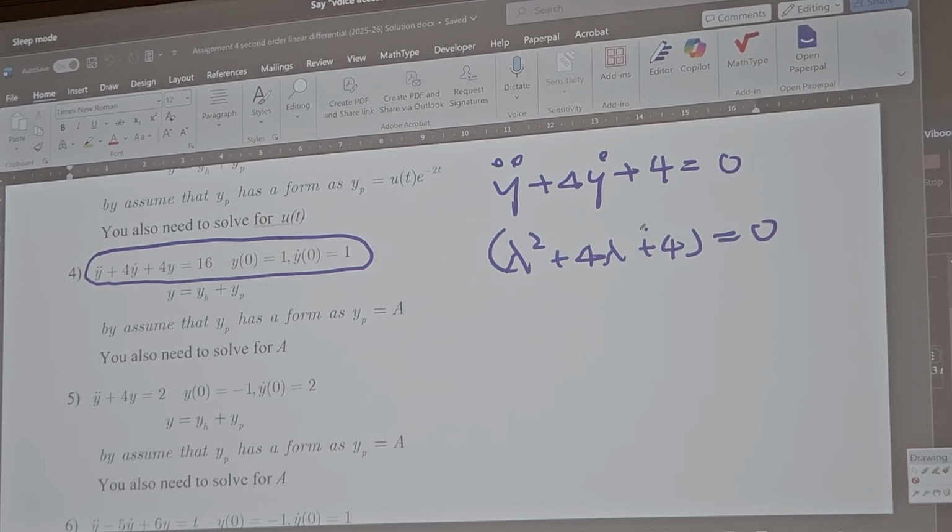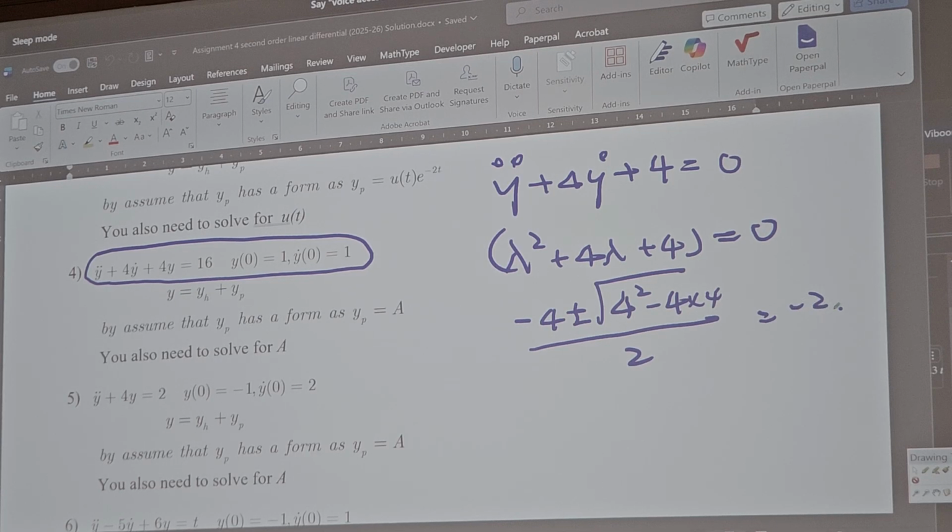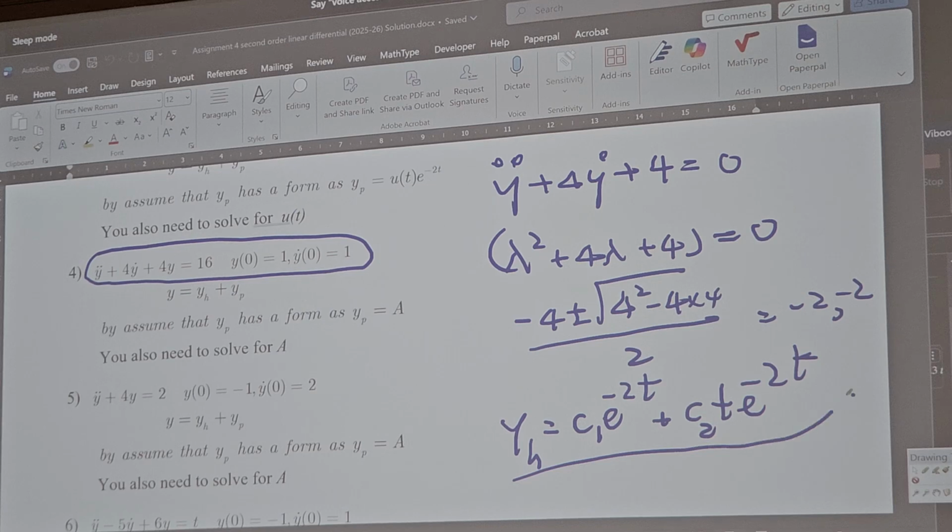Now you have this one, minus 2. So in that case, your y homogeneous solution will be C1 e to minus t plus C2 t e to minus t.